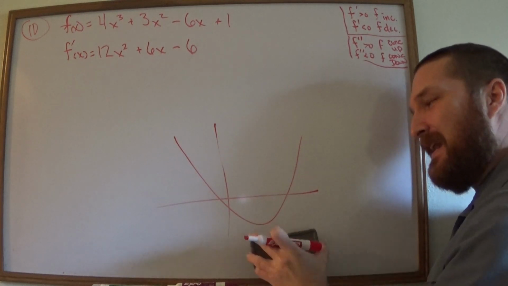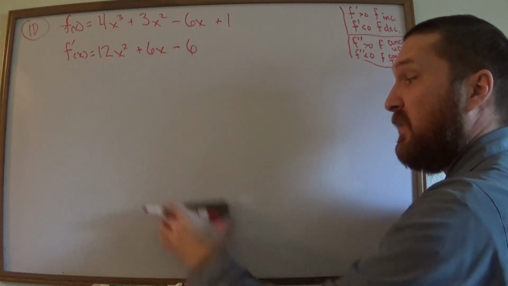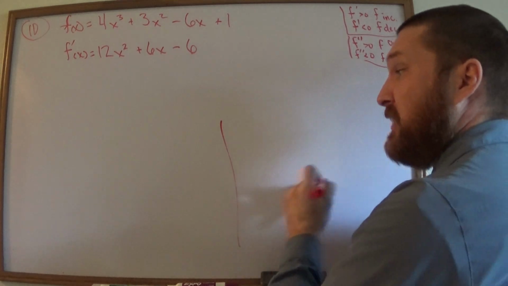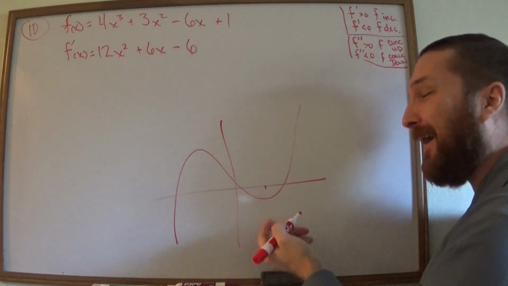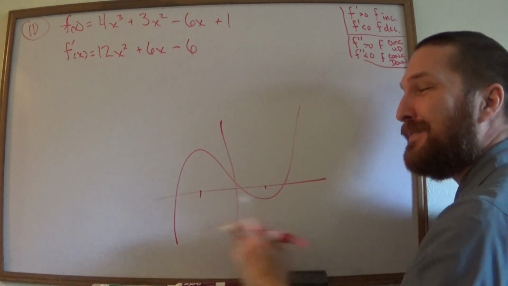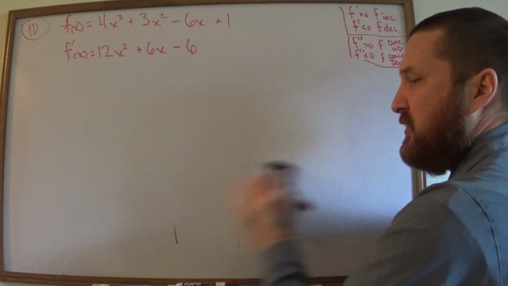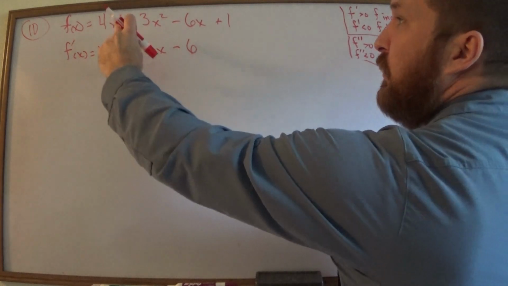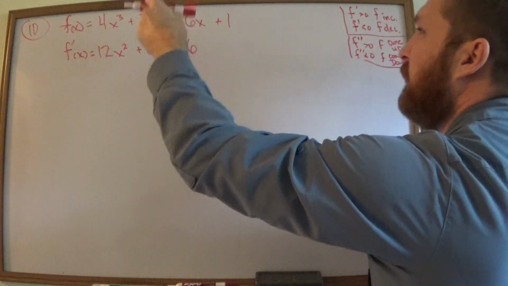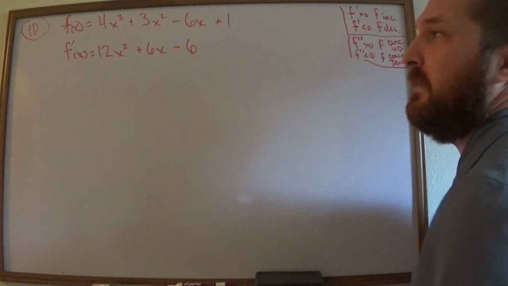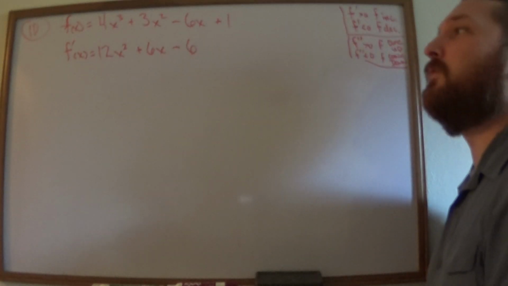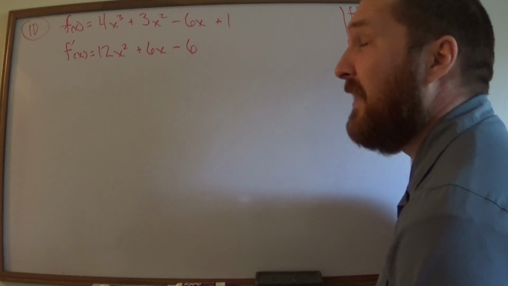Or we'd have to, like with our very first one, graph the function itself and say the one on the right must be that one, the one on the left must be that one. But now imagine that this thing is 4x to the 9th plus 3x to the 7th minus 6x squared plus 5. I'm not graphing the derivative of that. That ain't gonna happen.